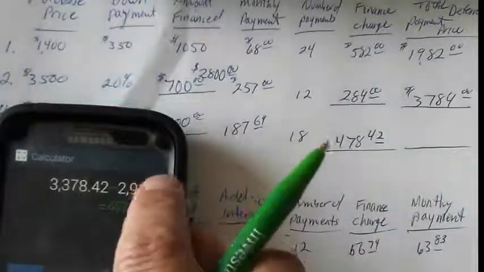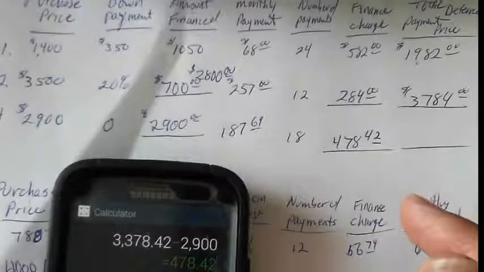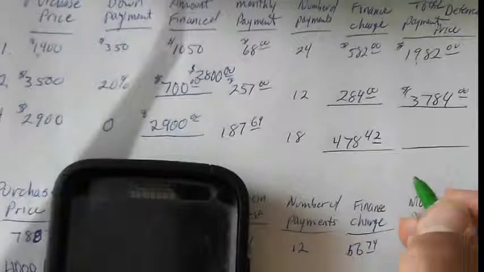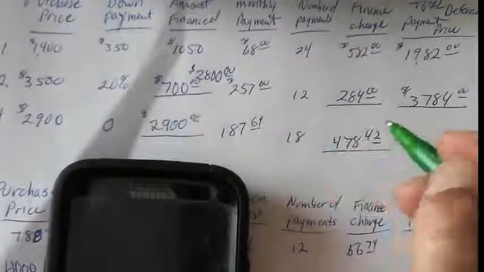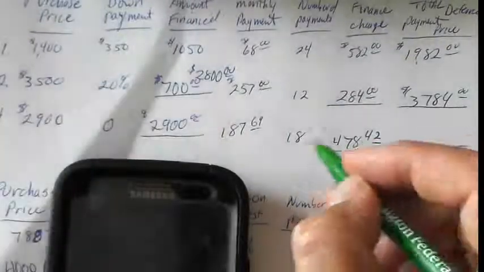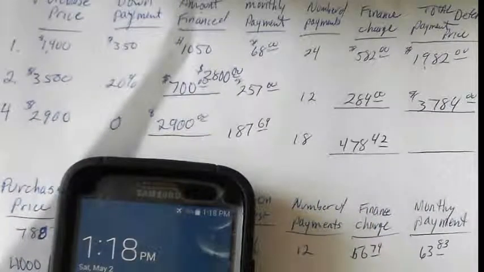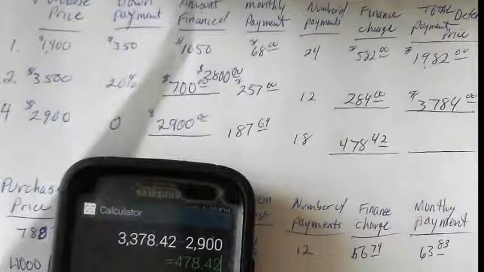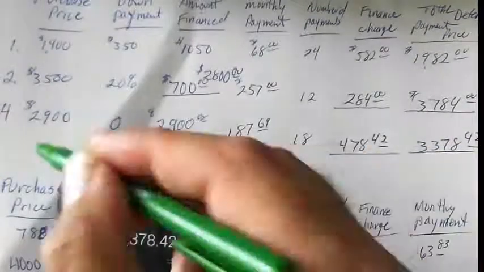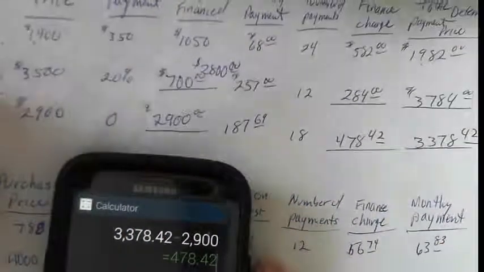Okay, and then we would add that on to the $2,900 because we didn't have any difference this time. So before we had a difference. Basically, we'd already had the answer back before, because we didn't have any difference this time. So that was a little bit unique in that problem.